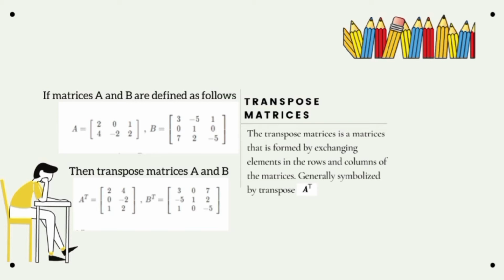For example, matrices A and B are defined as follows: matrix A is 2, 0, 1, 4, minus 2, and minus 2, and the elements of matrix B are 3, minus 5, 1, 0, 1, 0, 7, 2, minus 5. Then the transposes: A transpose is 2, 4, 0, minus 2, 1, and 2, and B transpose is 3, 0, 7, minus 5, 1, 2, 1, 0, minus 5.